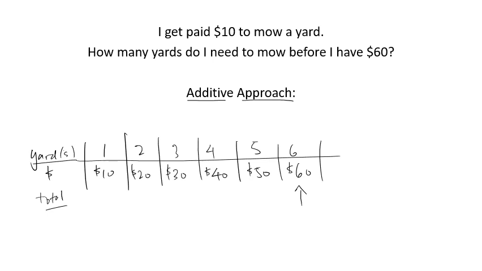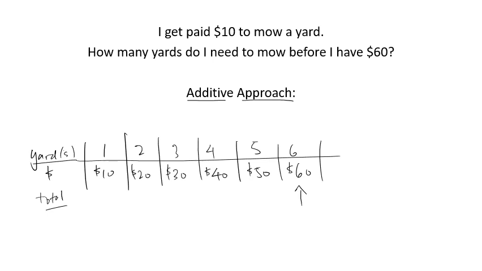So the pro is that this is a very concrete way of working with ratio. It's a good introductory method for talking about ratio. The con, as you can imagine, is that if I wanted to figure out how many yards I would have to mow to have $1,000, I'm not going to want to sit here and write out 100 columns of this table. So it is limited to relatively small numbers, but it does allow us to see that students understand the importance and necessity of keeping a ratio constant.